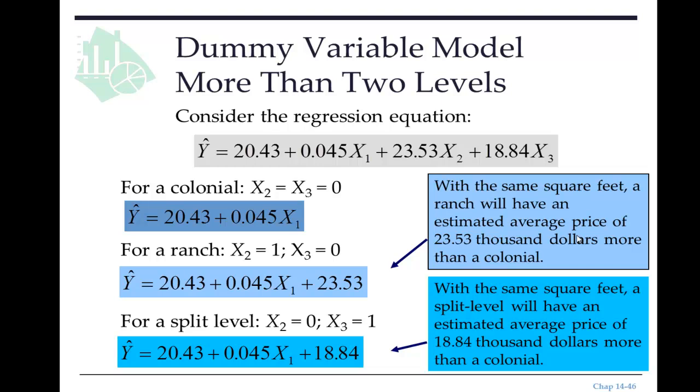Here the benchmark is colonial. Similarly, the coefficient 18.84 for x3 means that with the same square feet, a split level will have an estimated average price of $18,840 more than a colonial.